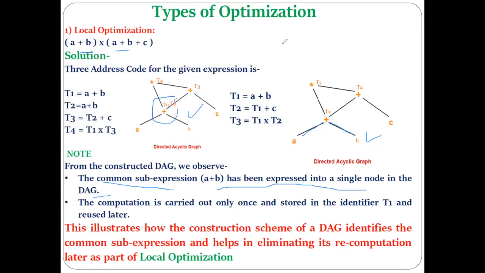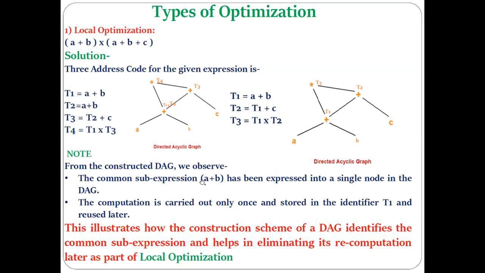And it helps because of one property of the DAG. What property? That for multiple same values only a single node is created. Because of that, the common sub expression can be easily detected. So that is all about DAG based local optimization.